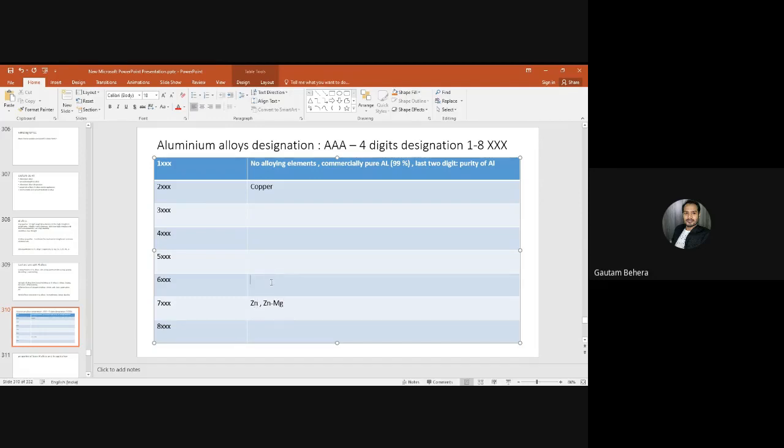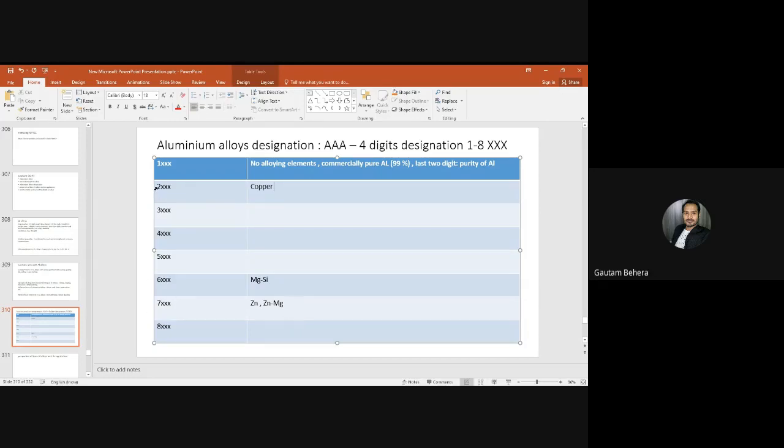Then 6000 series, I remember this is magnesium and silicon both, fine. Why have I remembered these like this: 2000, 6000, 7000?